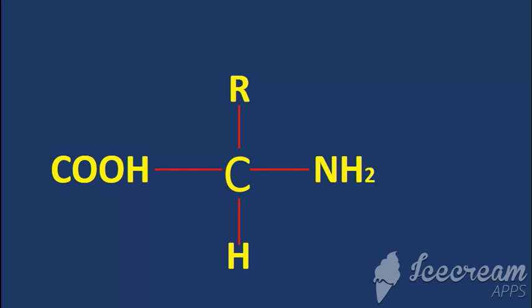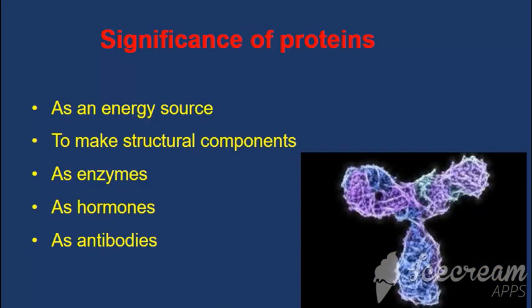Well, from the next section, we'll discuss more on the significance or the importance of proteins. Proteins can act as an energy source, and they can act as enzymes, hormones, antibodies, and make structural components within the body.